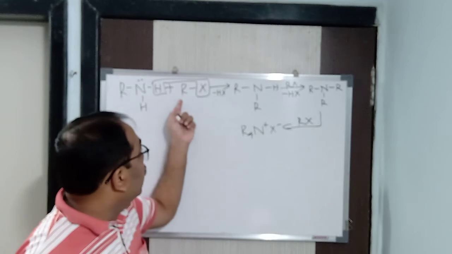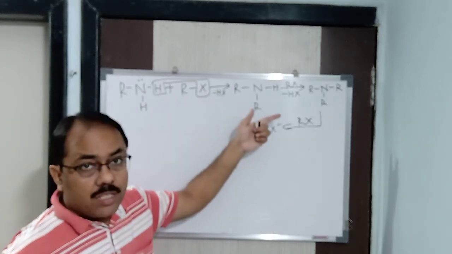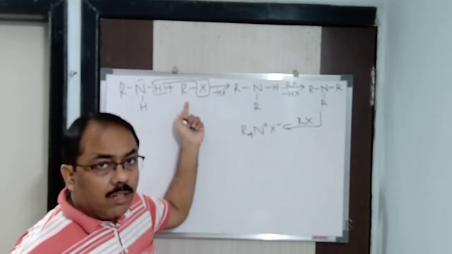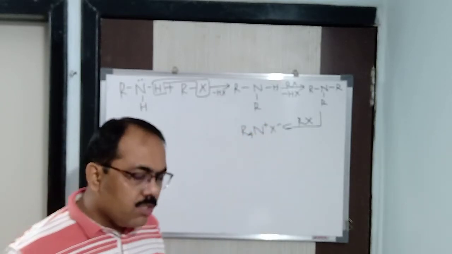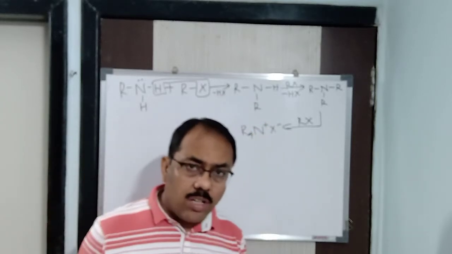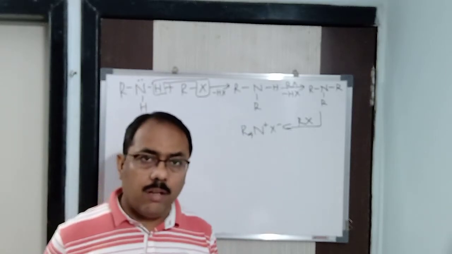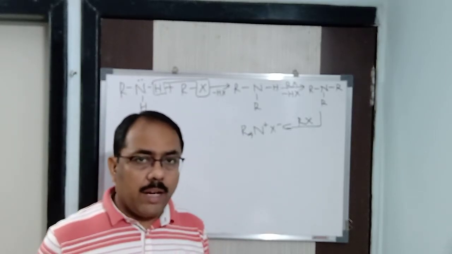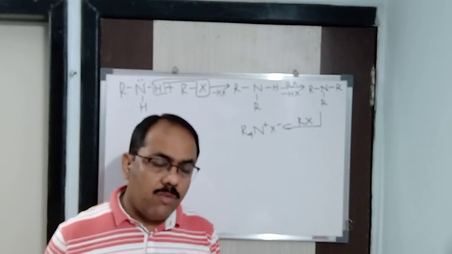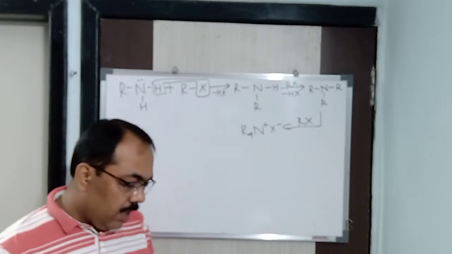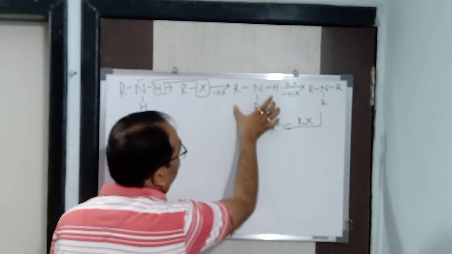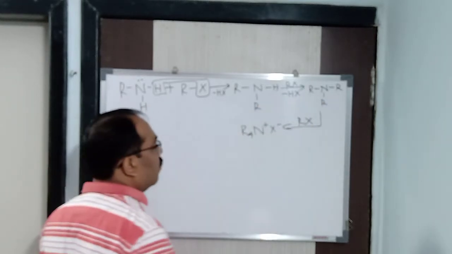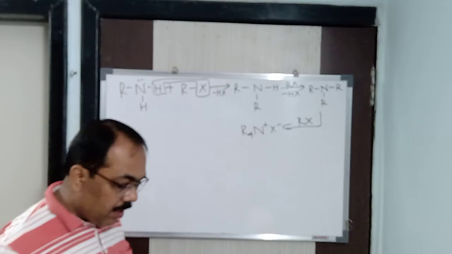Like here, if you take methyl chloride, we can say exhaustive methylation. If you take ethyl chloride, you can say exhaustive ethylation. Whatever halides you are taking, whether methyl chloride or ethyl chloride, accordingly the respective compounds you will be getting. I hope you understood this. So primary amines will give you secondary amines, tertiary amines and quaternary amines.